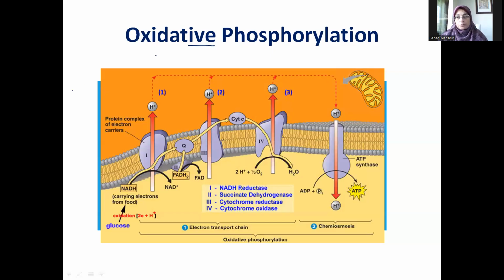So upon transfer of electrons, if this is an electron, and it is moved to the second electron carrier, the second electron carrier will move it to the third electron carrier.